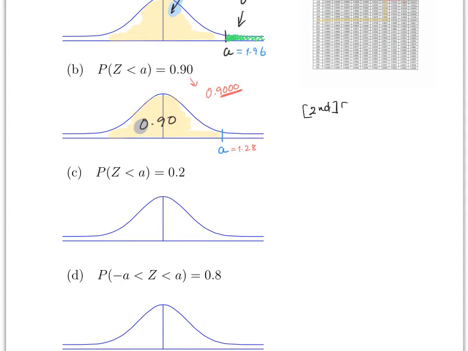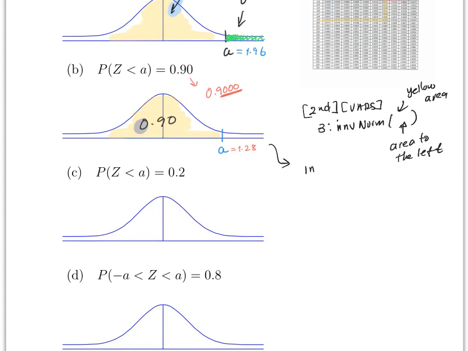It will be second variables, but now pick number 3, which is inverse norm, and then you're going to put the yellow area, or you can say the area to the left, and it will give you exactly the same answer. So for example, here if you write inverse norm and write 0.90, it will give you exactly 1.28.